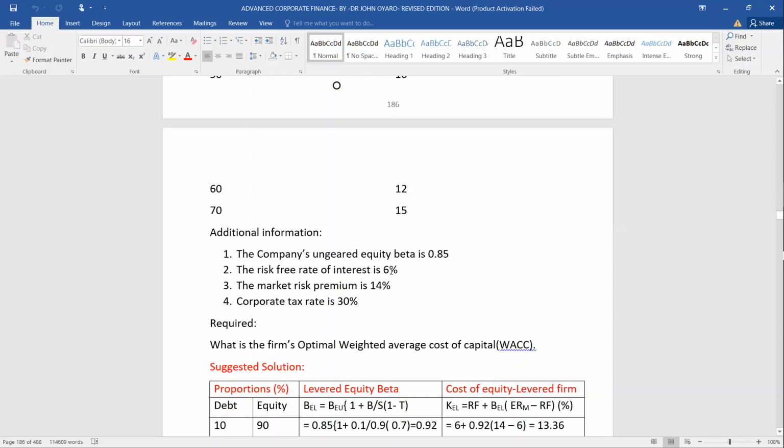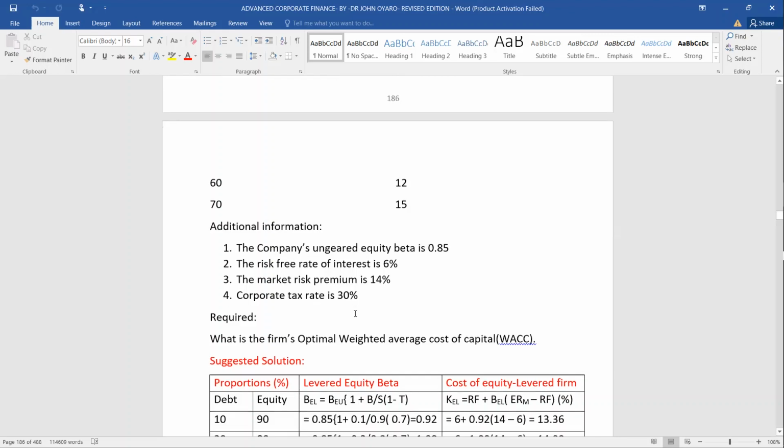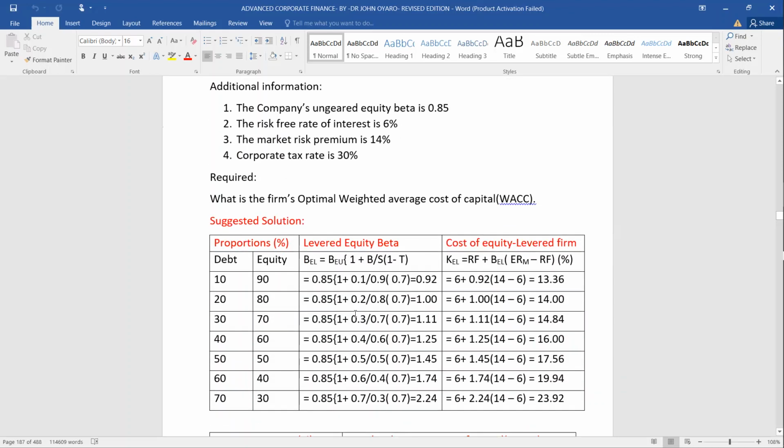Risk-free rate of return, 6%. Market risk premium, 14. You need to be very careful. Market risk premium is the difference between the expected return of a market portfolio and the risk-free rate. Corporation tax rate, 30%. Required: what is the firm's optimal weighted average cost of capital?